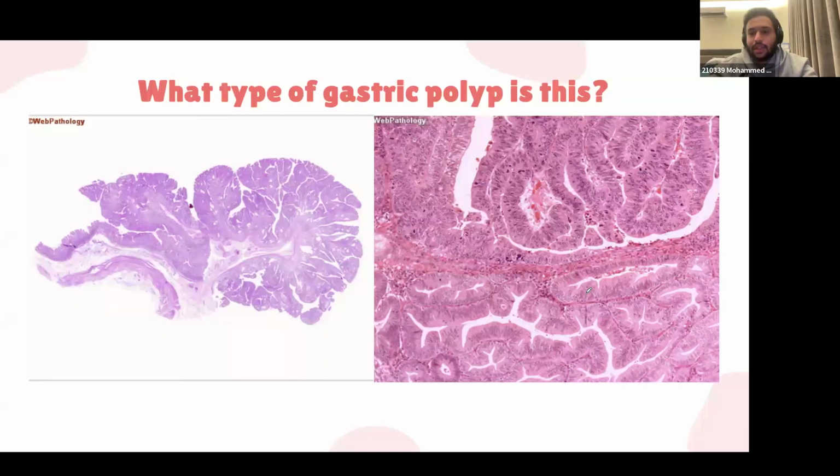Adenomatous polyps, you can say if it's villus or tubular or serrated or pedunculated and so on. The whole name, first of all, you say adenomatous polyp. If it's in the stomach, it's gastric. If it's in the colon, it's colonic.